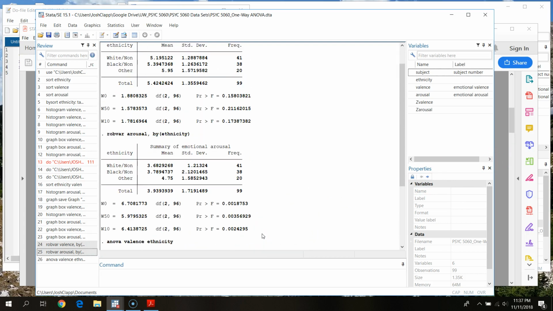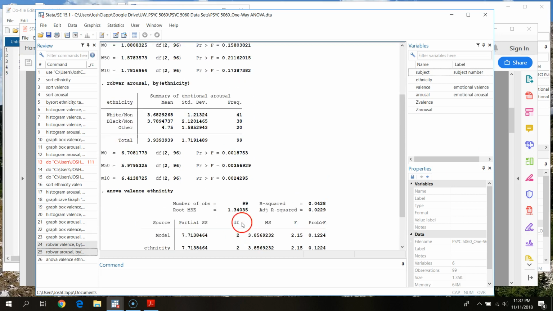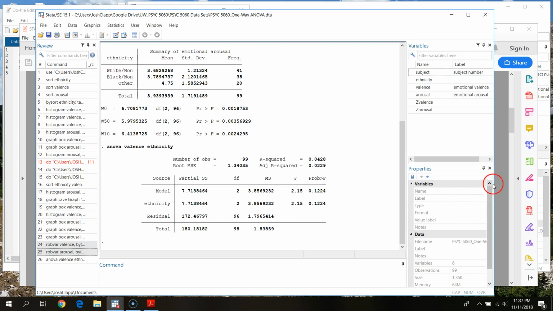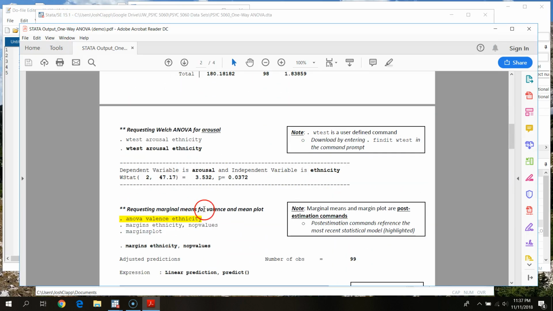Now remember, though, that for our arousal measure, we violated our homogeneity of variance, right? And so we need to do something different with that. And so what we can do is we can request a Welch test.